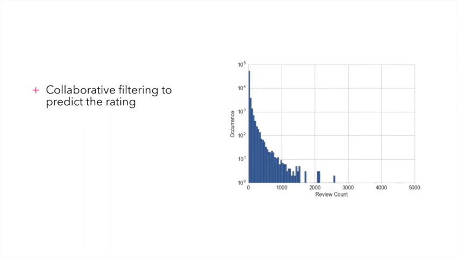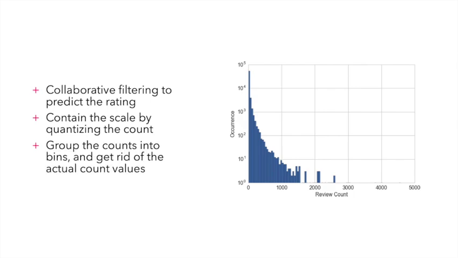One solution is to contain the scale by quantizing the count. In other words, we group the counts into bins and get rid of the actual count values. Quantization maps a continuous number to a discrete one, and we can think of the discretized numbers as an ordered sequence of bins that represents a measure of intensity.